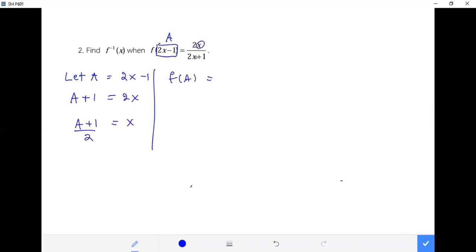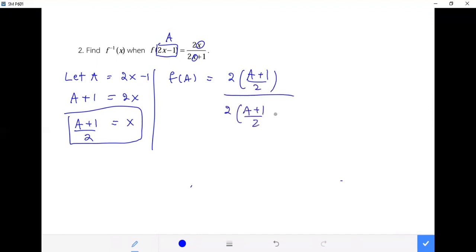And now your x is this a plus 1 over 2. So 2 times a plus 1 divided by 2, divided by 2 times a plus 1 divided by 2 plus 1. Like this. So you have a plus 1 over a plus 2. This is your f(a). I'm correct, right? Yeah, it should be correct.